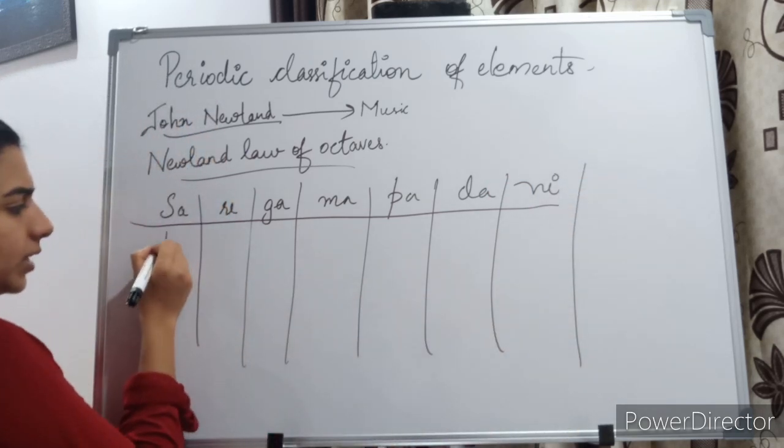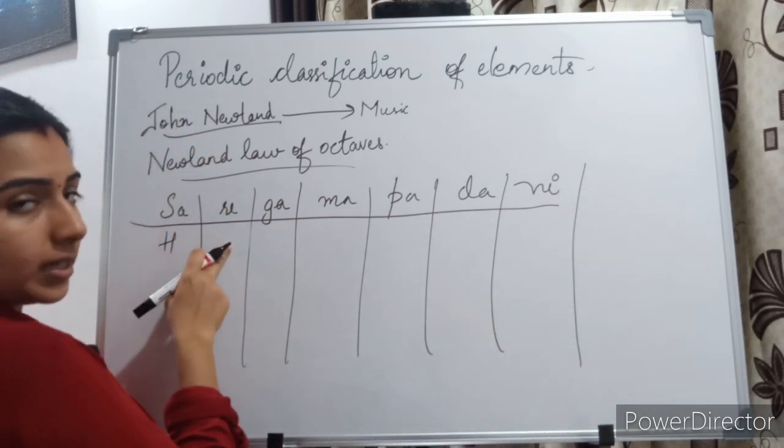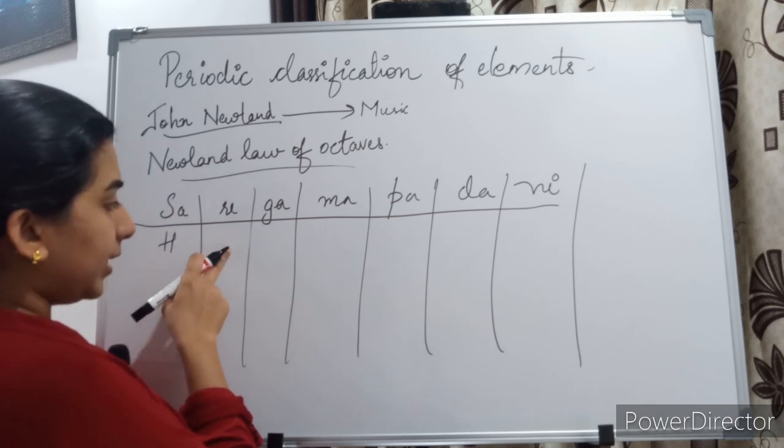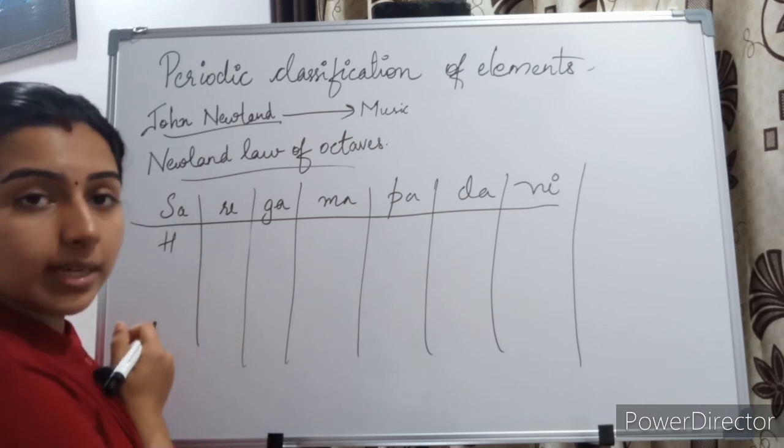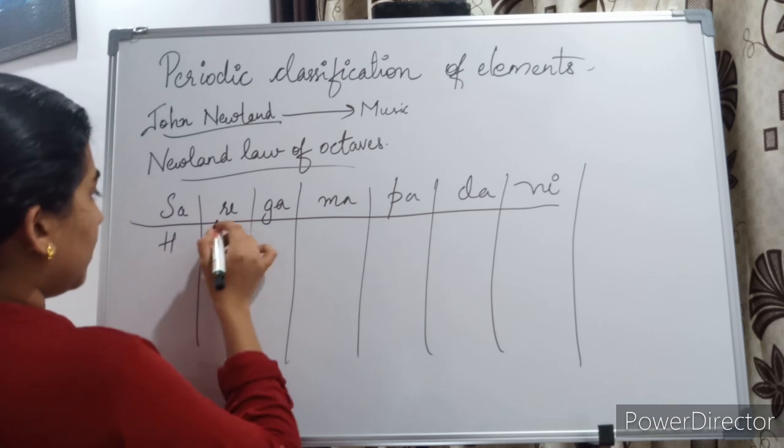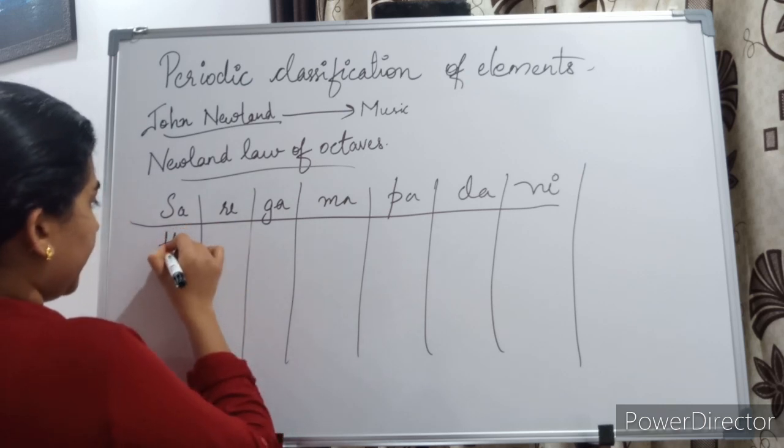That is, first hydrogen, then actually it comes like helium, but at that time noble gases were not invented.